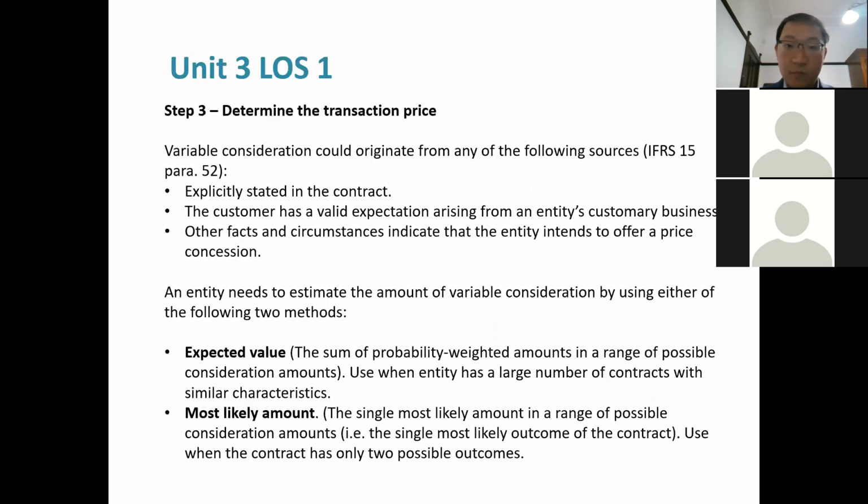The second way in which you account for variable consideration is that you use what is known as the most likely amount. Again, this most likely amount is likely to come from business practice or business history, but you take the amount that you are most likely to receive.